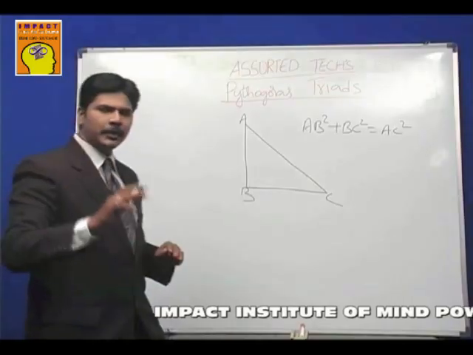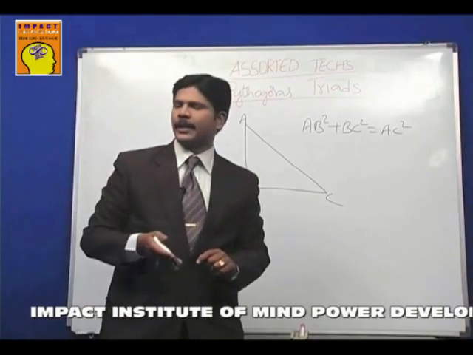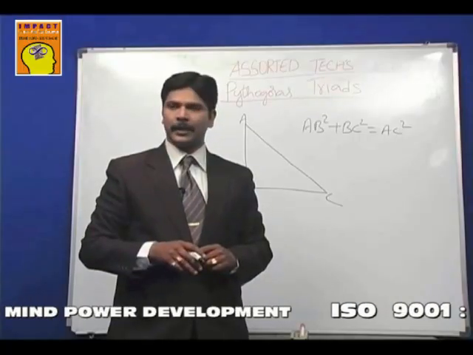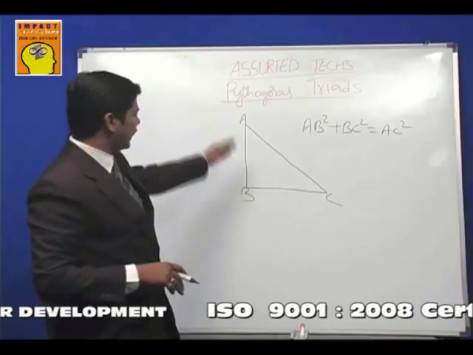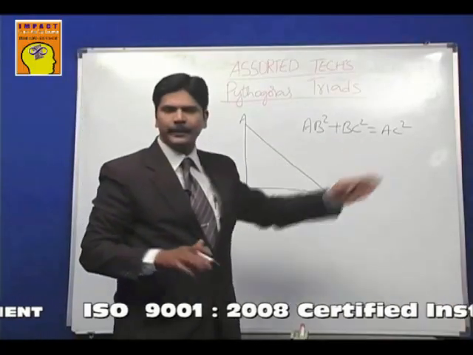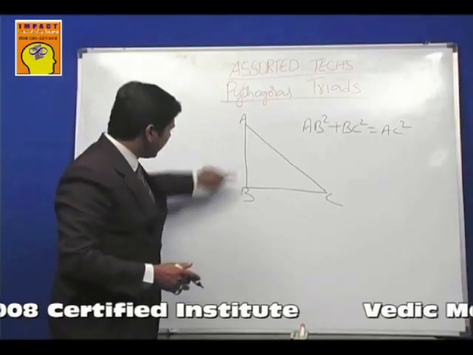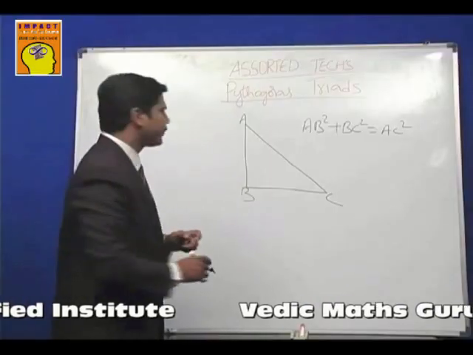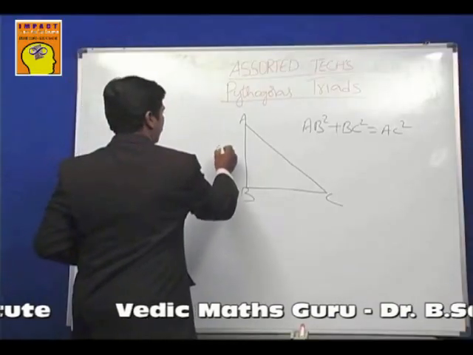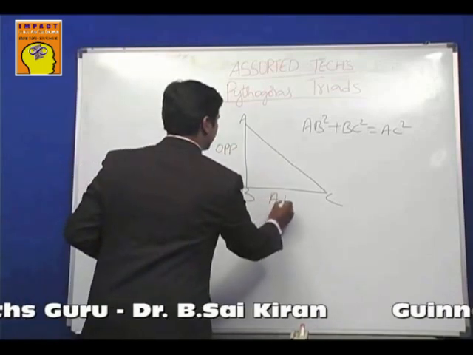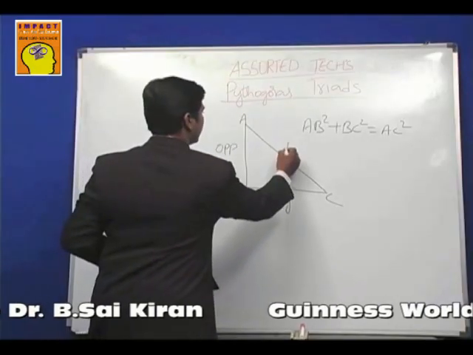As we go to the higher classes, maybe by the time we reach 10th standard, they teach us a practical application of the Pythagoras theorem. In your 8th class they first teach you AB square plus BC square is AC square, and when you come to your 9th class, they tell you that AB and BC have some names. They call AB the opposite side, BC the adjacent side, and AC the hypotenuse.